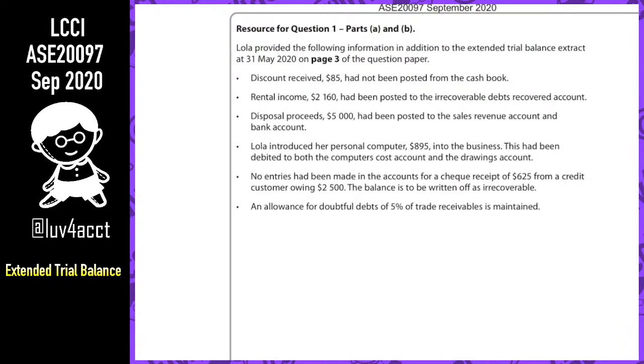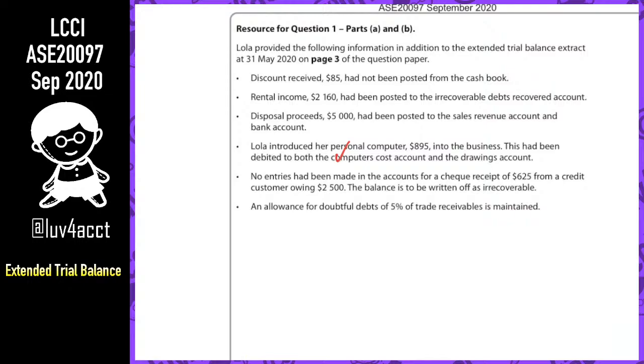Next, Lola introduced her personal computer, 895, into the business. This had been debited to both the computers account, which is correct, and the drawings account. Both debited. If an owner introduces her personal belongings into the business, that would be an injection of capital, injection of equity.